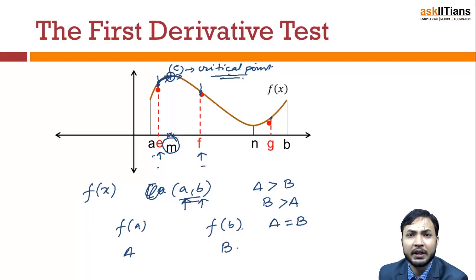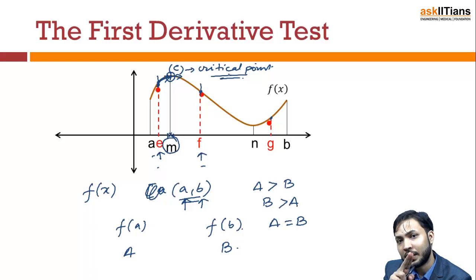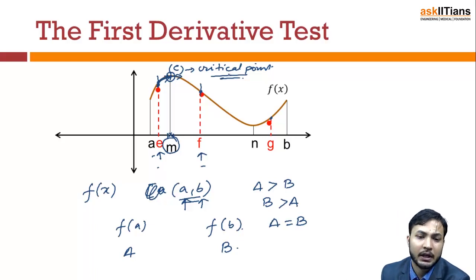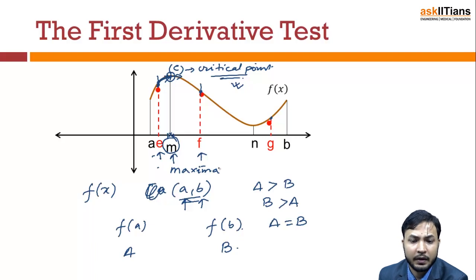So the critical point is the point where the function was increasing, and after which it changes and comes down, becoming decreasing. That is what is called the critical point, and that critical point provides me this maxima. So this is the point where I achieve my maxima.